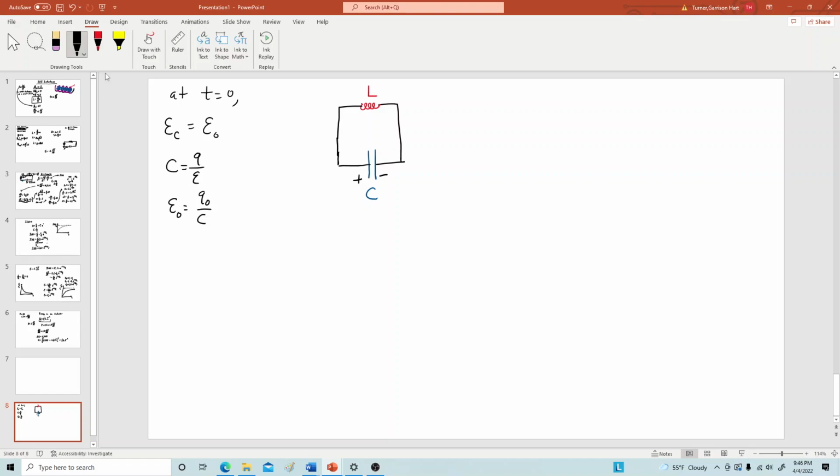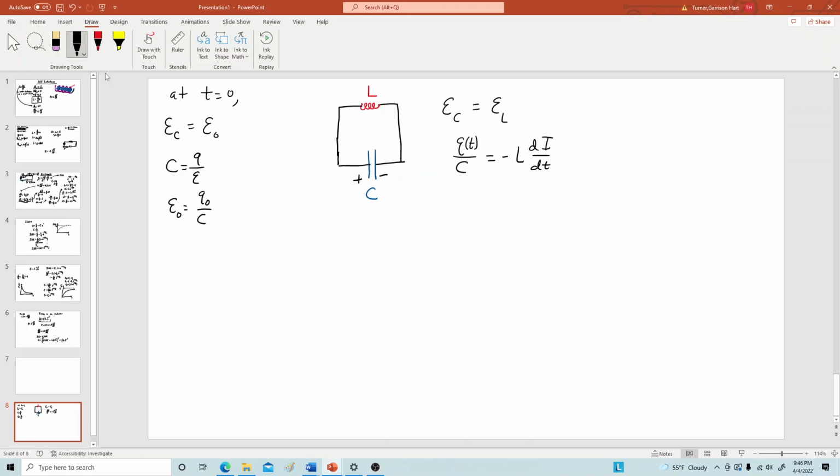So how can we see this? Well, Kirchhoff's rule would say that the potential at all times across the capacitor must equal the potential across the inductor. If I say that the potential across the capacitor is, at any given time, Q as a function of t, at a generic time, Q of t over C is going to equal negative L di dt.